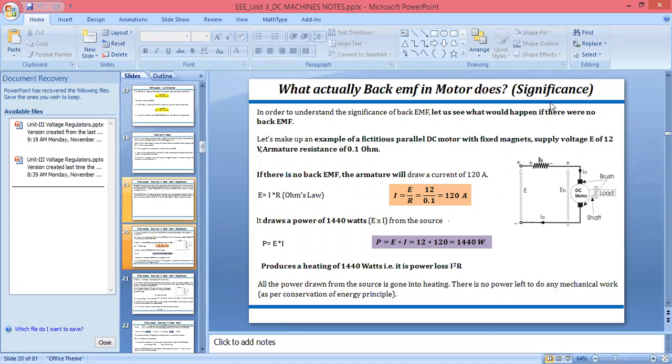There will be a question like: explain the significance of back EMF in the DC motor. Sometimes they will ask: explain the significance of back EMF in the DC machine. At that time you are supposed to understand that the back EMF concept comes in the DC motor, not in the DC generator. Okay, then we have seen the torque equations.